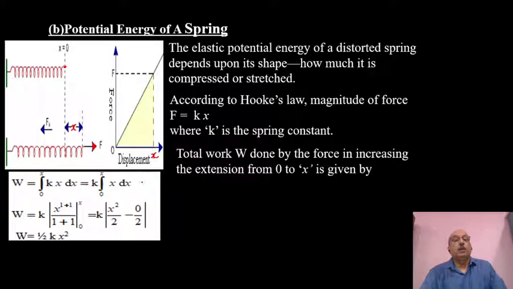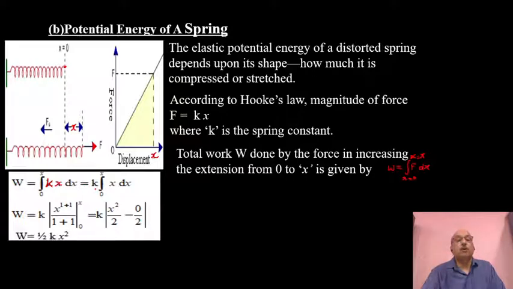The work done will be represented as the integration of force from x equal to 0 to x equal to x. So in place of force, we may write kx, which is Hooke's law.